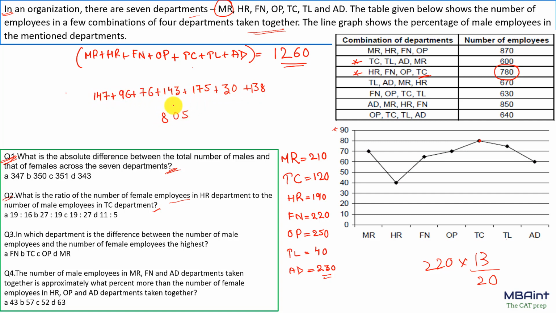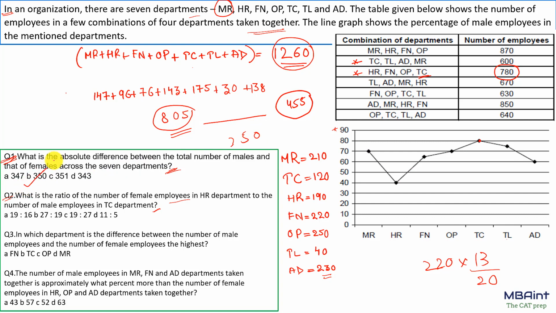So 805. These are the total number of males and the total number of employees is 1260. So the number of females would be 1260 minus 805. If we subtract this, we get 455. So these are the total number of females. The absolute difference is 350. So B is the correct answer.